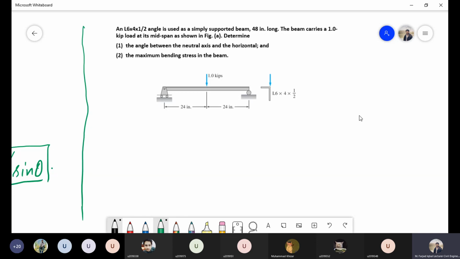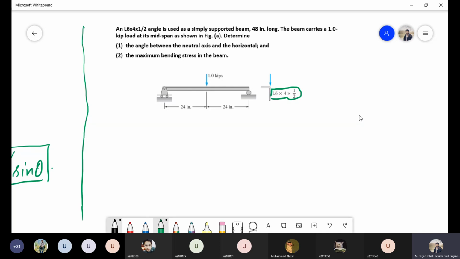So this is one question, and in this question we are provided with this angle section L6 by 4 multiplied by half. This particular notation is the designation of this angle section.